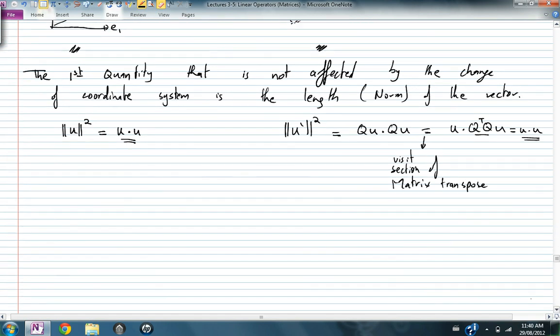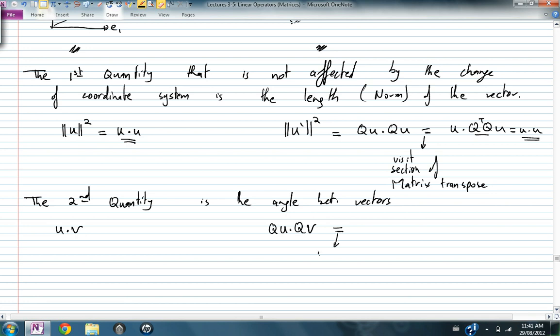What else? The second quantity is the angle between vectors. If I have a vector u dot v, this is the dot product between u and v in the first coordinate system. In the new coordinate system, the dot product is qu dot qv.